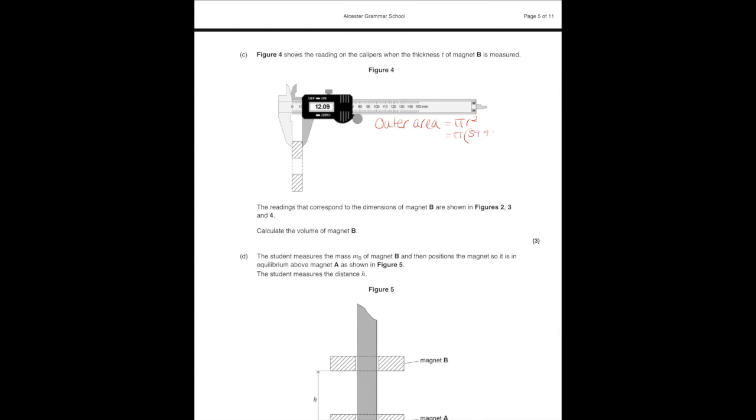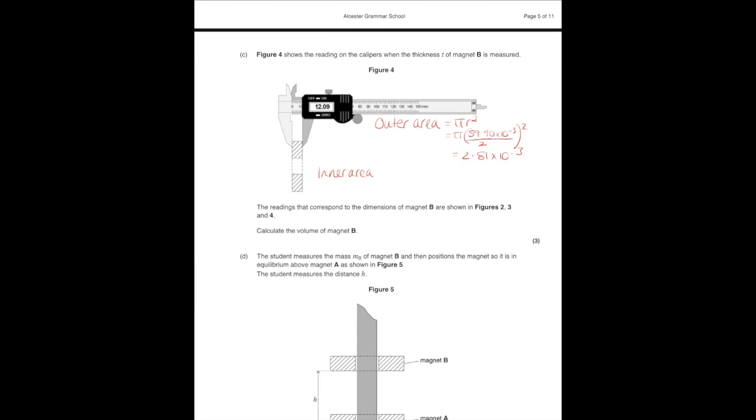So you do that with pi times 59.90 divided by 2, obviously because it's a radius, and also we need to make sure we are working in meters. So there was our outer area, and that came out at about 2.81 times 10 to the minus 3.